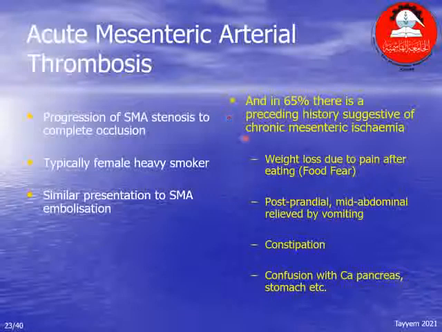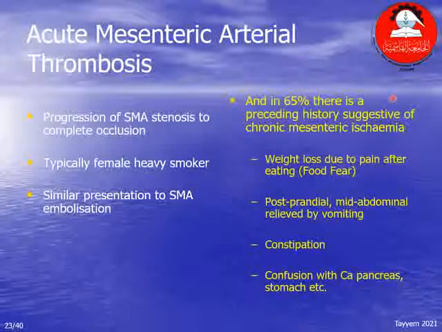Acute mesenteric thrombosis occurs when there is progression of the superior mesenteric artery thrombostenosis to complete occlusion, typically in heavy smoker females, and the presentation is similar to embolization.